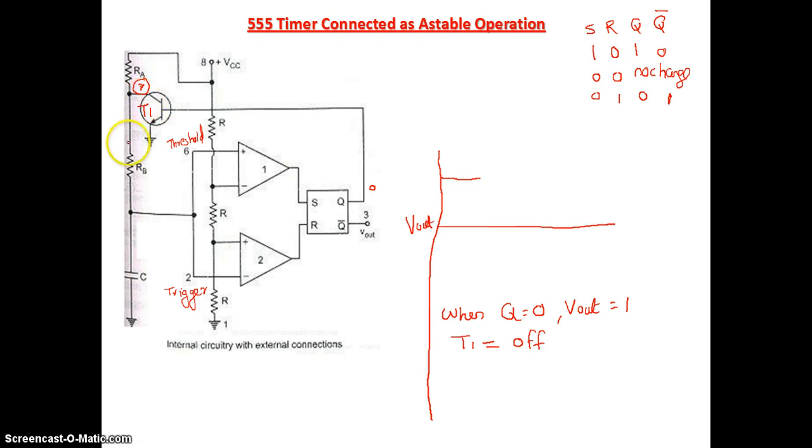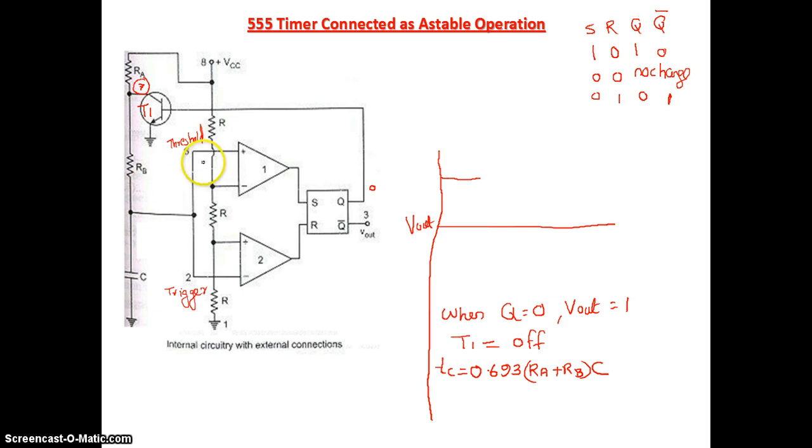When it is off, your capacitor C will charge from VCC through RA and RB. I can show the charging time of the capacitor, noting it as TC. The capacitor will charge through RA plus RB into C, and you have a time constant here, 0.693, that I will explain later.